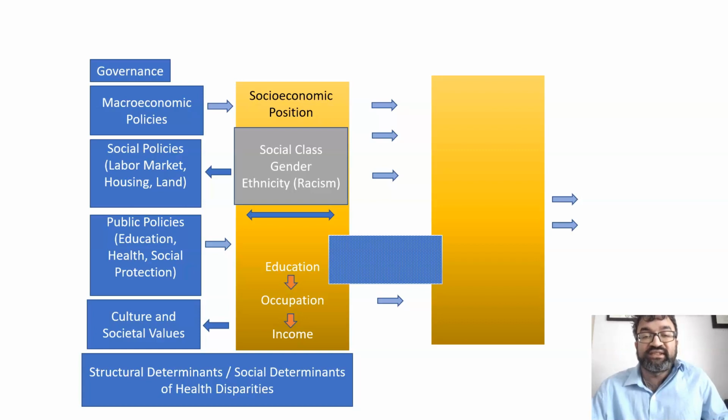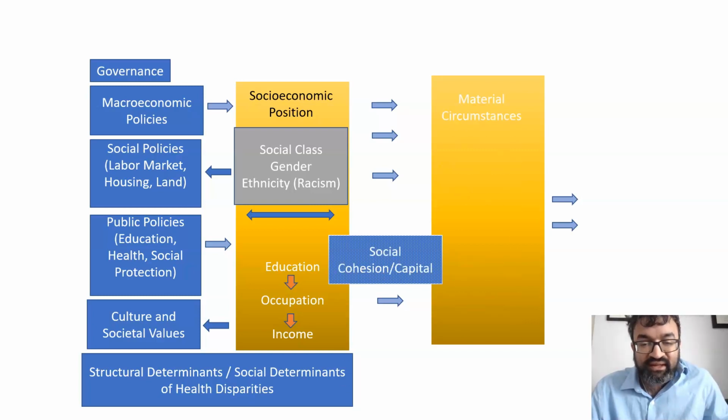Gender and ethnicity are not changeable, of course, but racism we can address, and social class and socioeconomic position can change. The next portion of this is material circumstances.